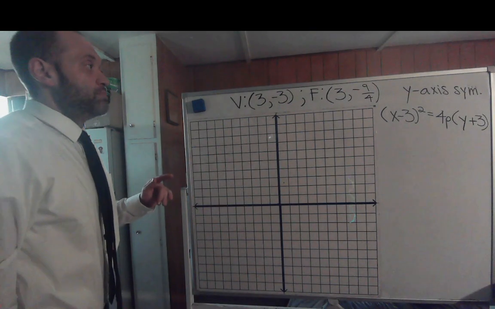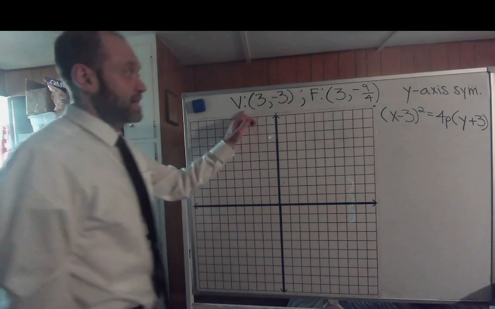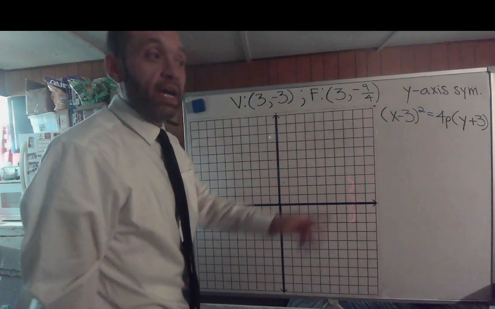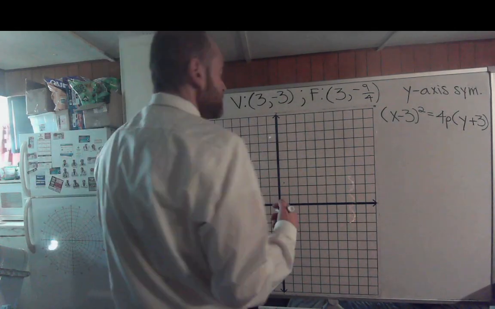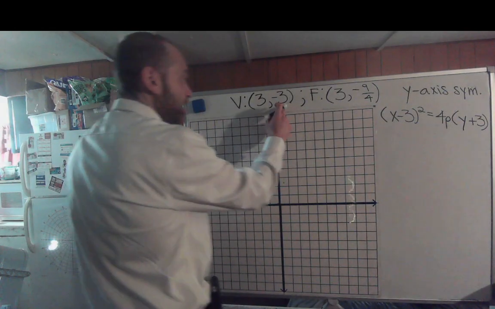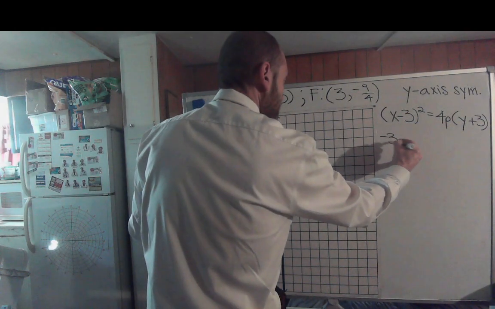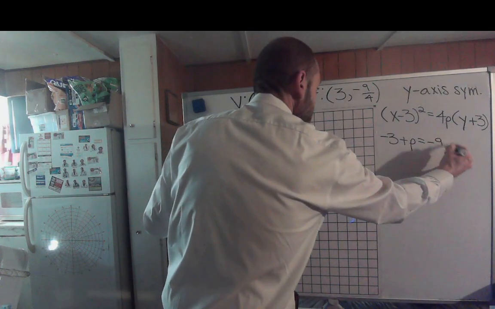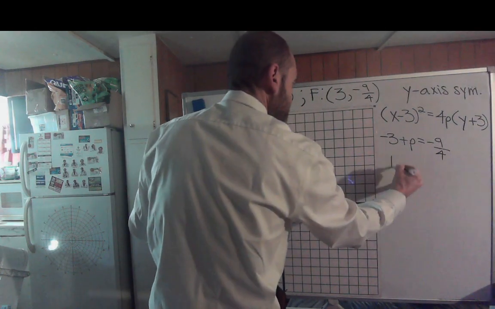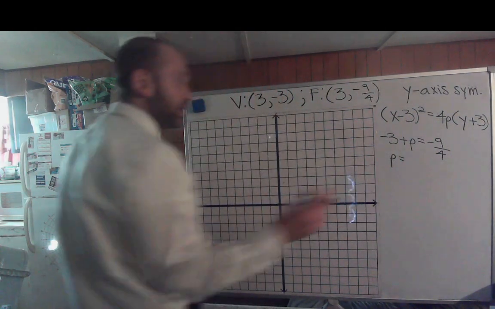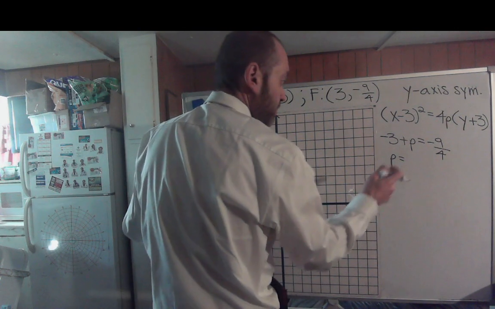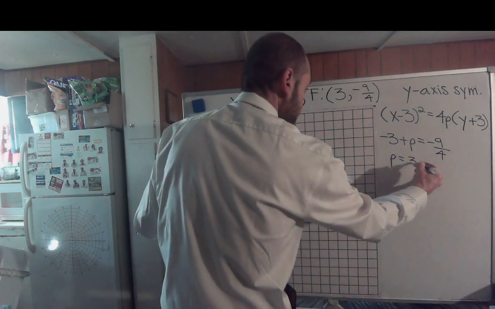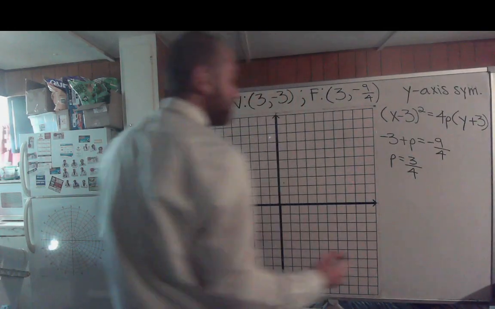Now, to get from the vertex to the focus, again, we add p, right? So that y-coordinate of -3, we'll add p to that, and that should give us -9/4, which means p would equal 3 minus 9/4. Well, 12/4 minus 9/4 is 3/4. P equals 3/4.